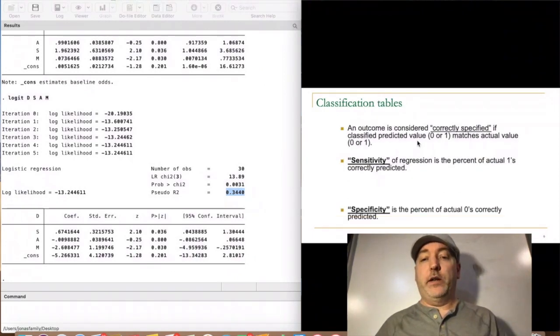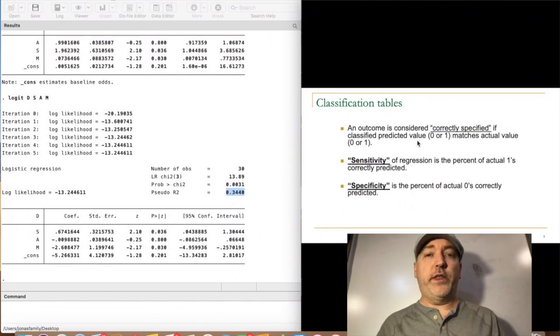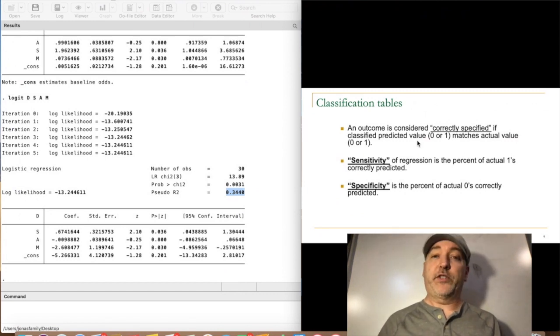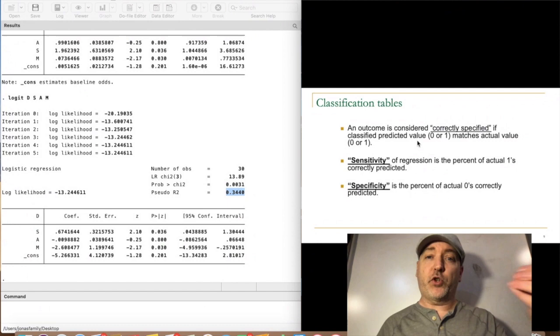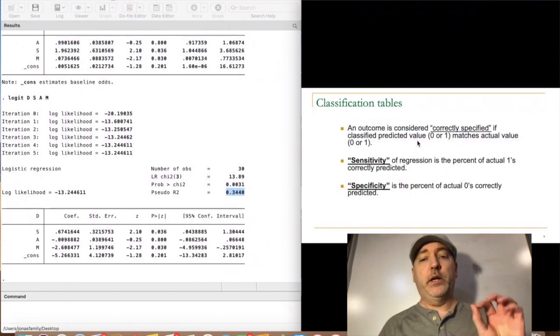Now, the terminology that comes along with this are the sensitivity and specificity values. But all we're really saying is how well did we predict the 1s and how well did we predict the 0s. So sensitivity is the percentage of 1s correctly classified by our model. Specificity: which of the 0s did we correctly classify?